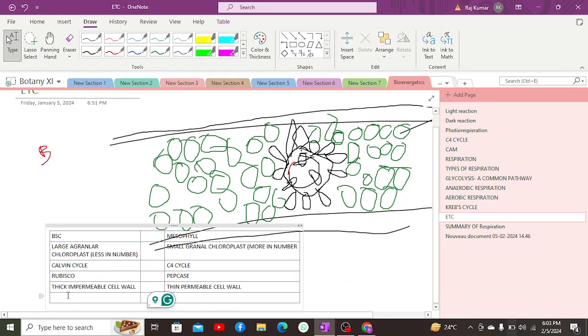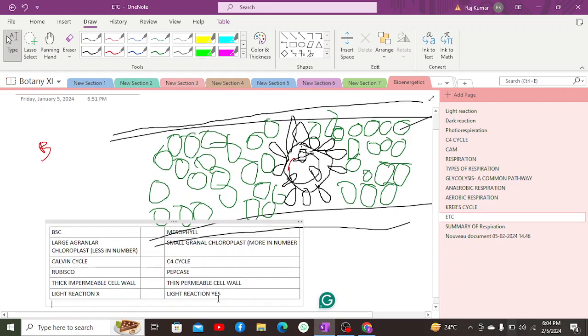After that, when it comes to another basic difference, since they are agranular, there is no granum present. There will be no photolysis occurring, or in general, no light reaction. Light reaction, no, and light reaction, yes.